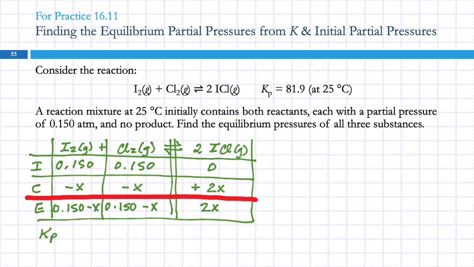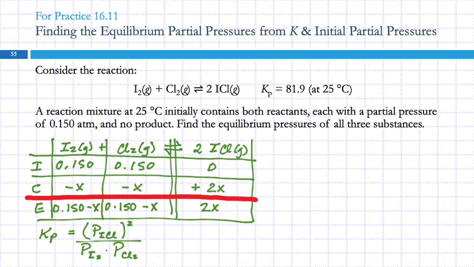KP is equal to the partial pressure of ICl squared divided by the partial pressure of I2 times the partial pressure of Cl2.